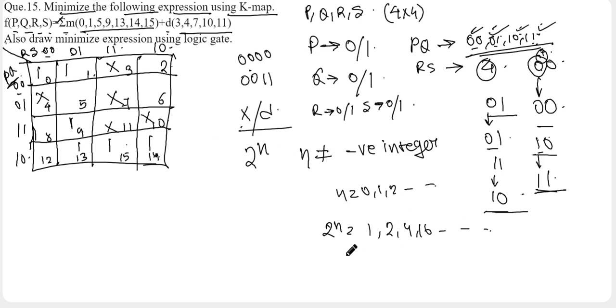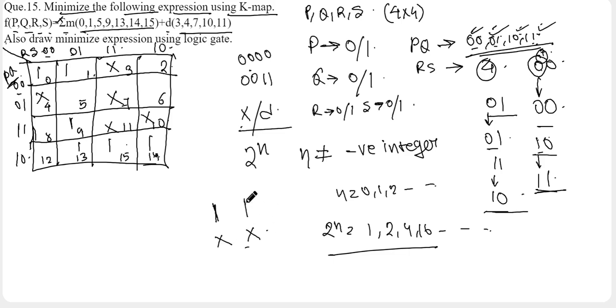So we will make groups of size 2 to the power n with the bits 1. Okay, we can also include the don't care terms if it increases the group size. For example, if we write bit 1 and 1 side by side, and below this 1 and 1 there are don't care terms cross and cross.